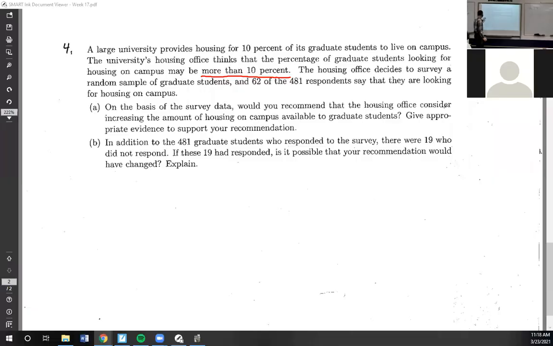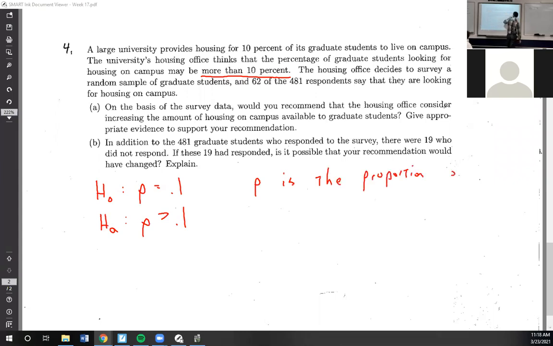What this will look like is that the null hypothesis will be that P is 0.1. The alternative is that P is greater than 0.1. And then you're going to say P is the proportion of graduate students that would live on campus.